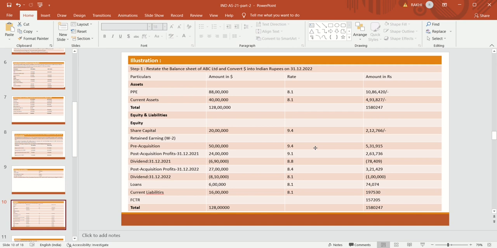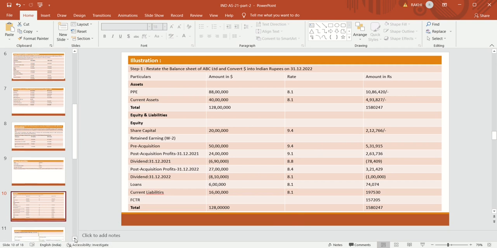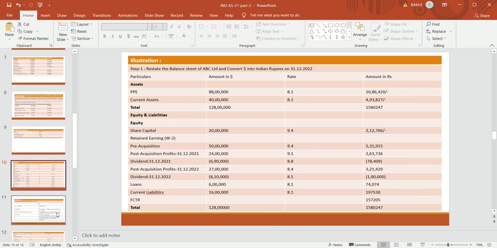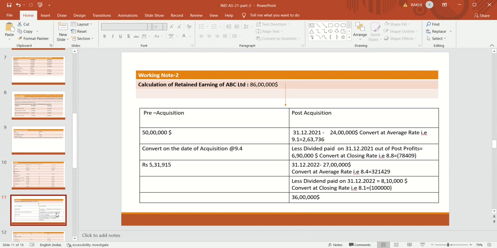Then we will calculate the post-acquisition profits. We will calculate this in the working note, under reserve. This is the pre-acquisition conversion at the date of acquisition rate 9.4, and then the post-acquisition.